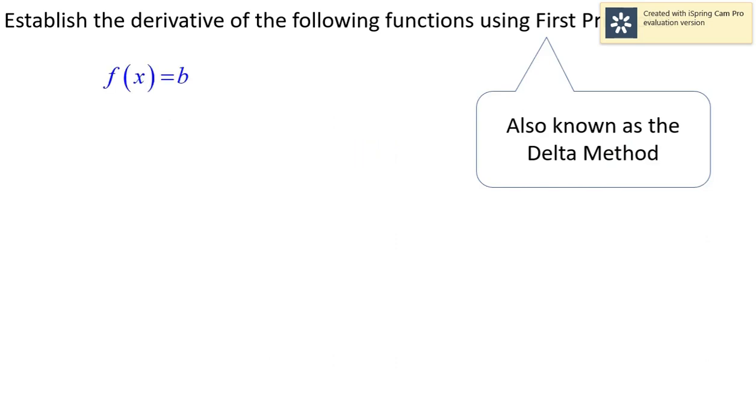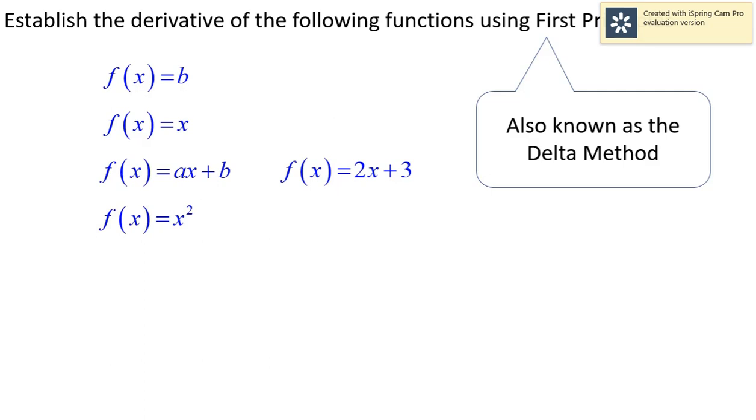The functions that we could possibly be tested on are: f of x is equal to b, though it is highly unlikely that you will get an example of this nature; f of x is equal to x; f of x is equal to ax plus b, which could be in the form of an example like 2x plus 3; f of x is equal to x squared; and f of x is equal to ax squared plus b, which could be in the form minus 3x squared minus 4.